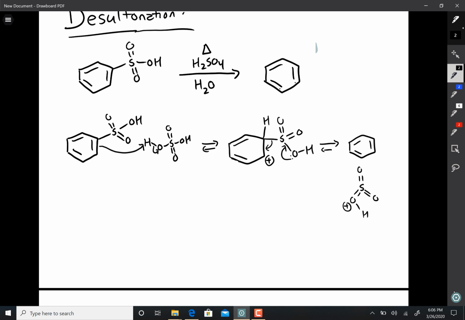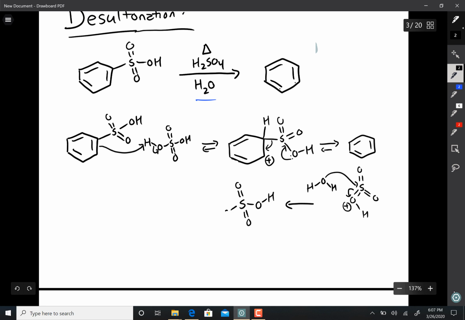And now is where we get to the purpose of having the water. SO3 is very hygroscopic. It absorbs water. And so once this is formed, water attacks that. And then followed by deprotonation.